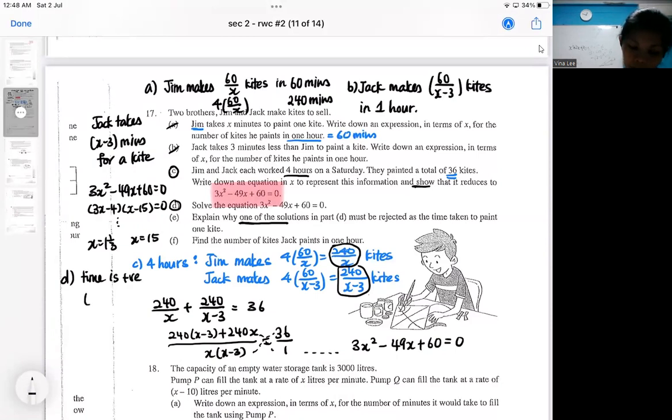That means the bracket here must be positive. If you do a bit of inequality, there is a condition: X has to be greater than 3. So the number that is less than 3 has to be rejected.